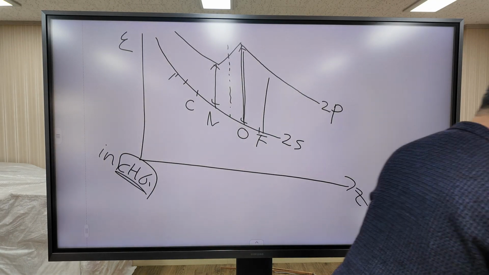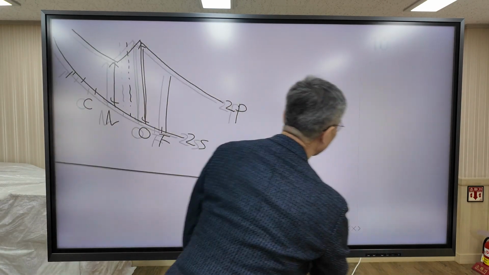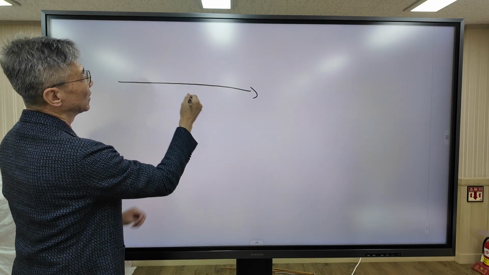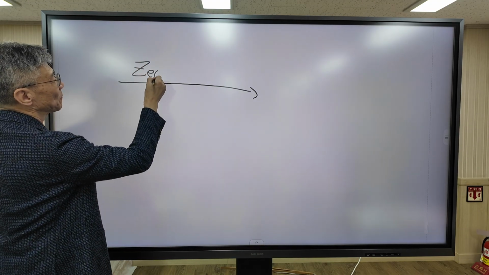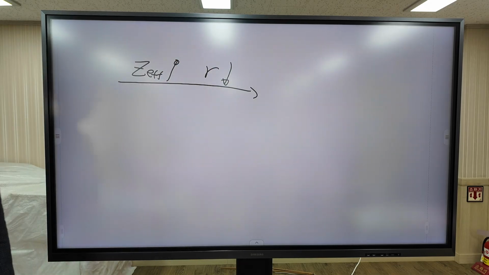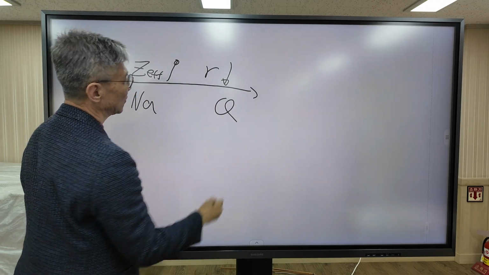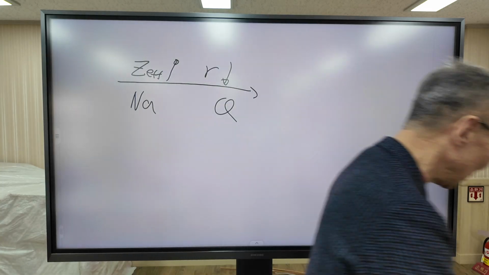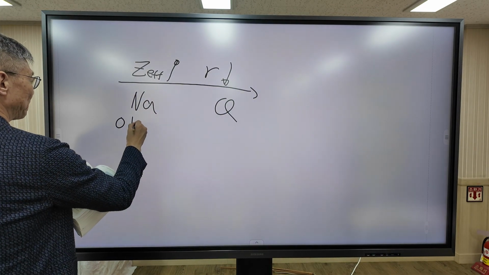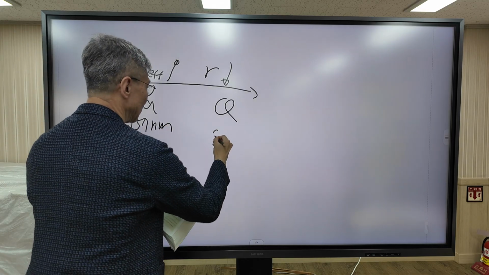Now move on to atomic size. As you know, when you go from left to right, effective nuclear charge increases. So radius decreases. For example, in the third period, sodium and chlorine: the atomic radius of sodium is larger.